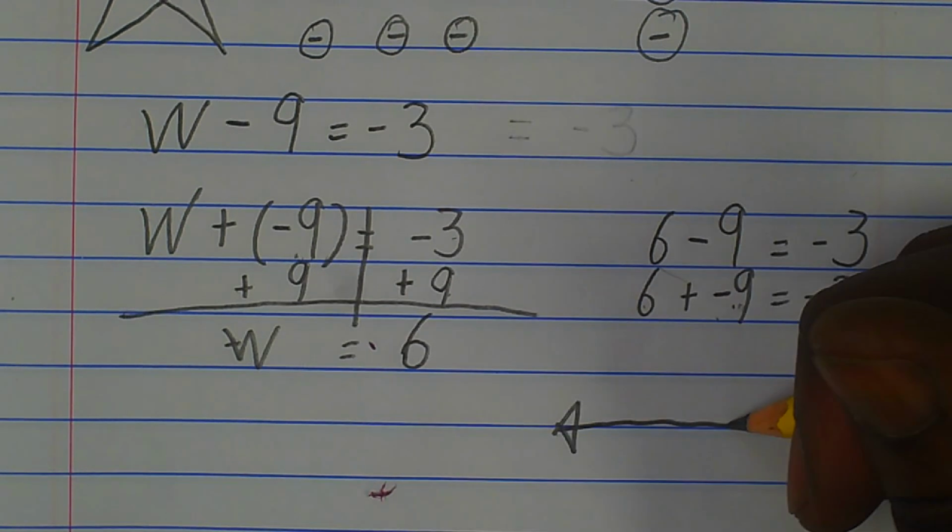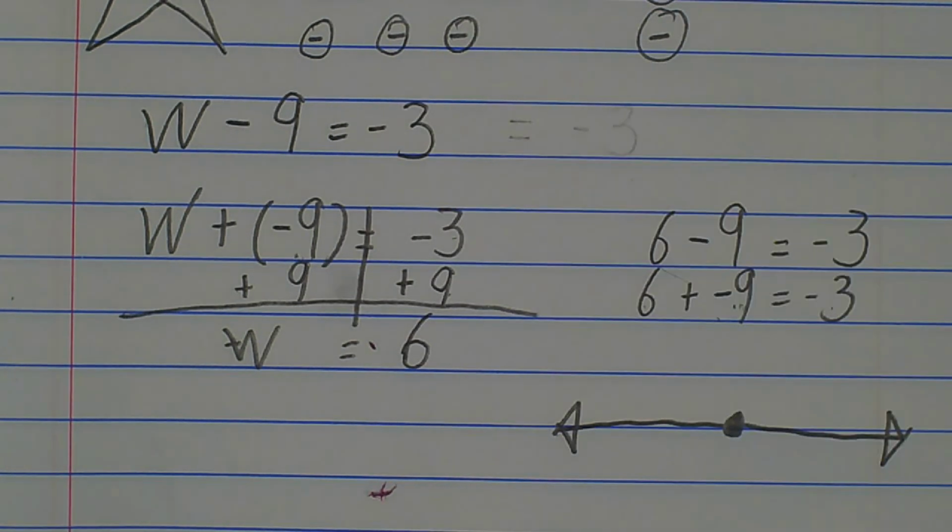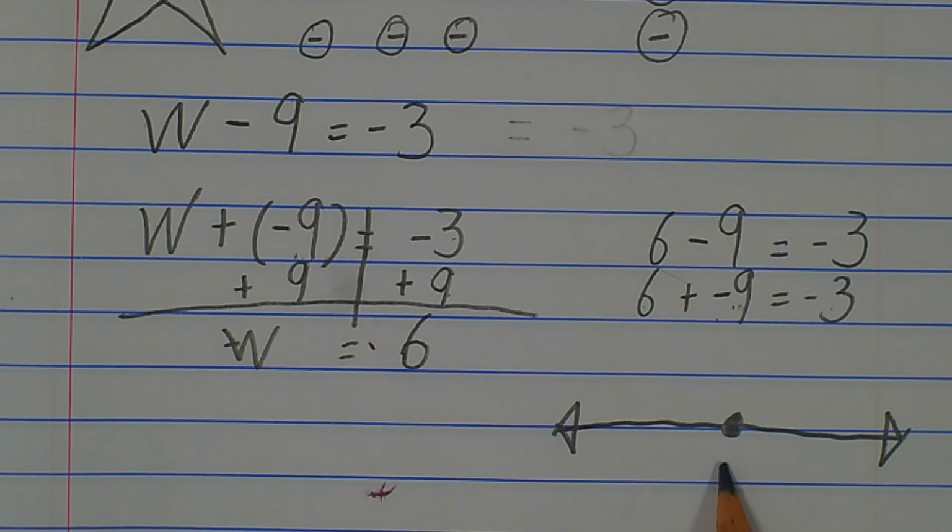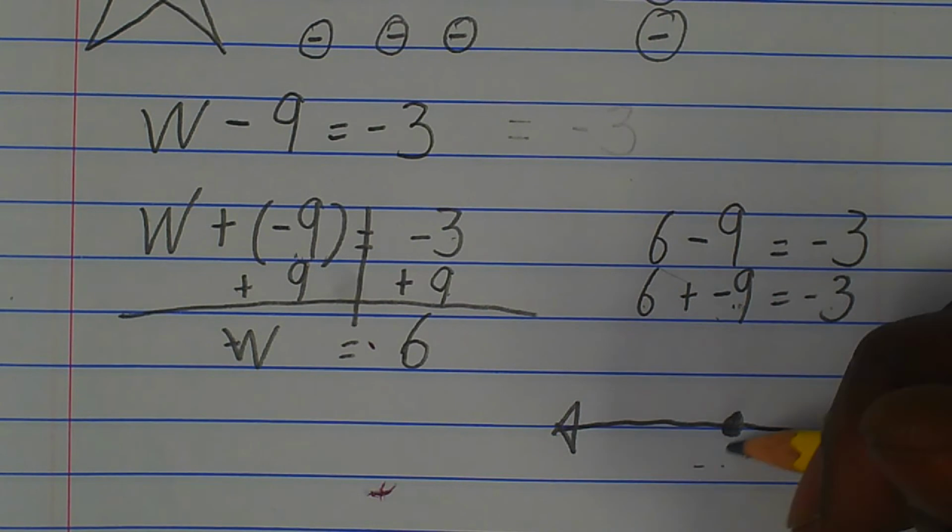If I wanted to put this on a number line, of course, it's going to be a shaded closed circle or closed dot. And what's the value that should be under this dot, under this point on the number line? Negative 9. Not negative 9. What was our W? 6.